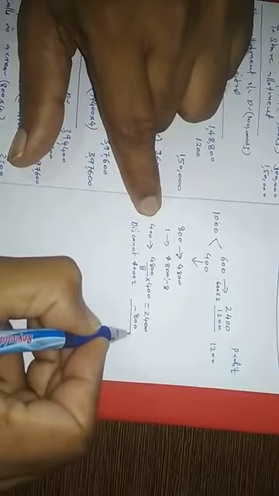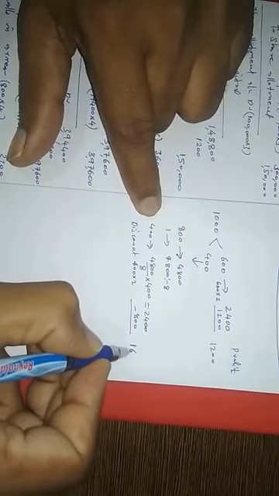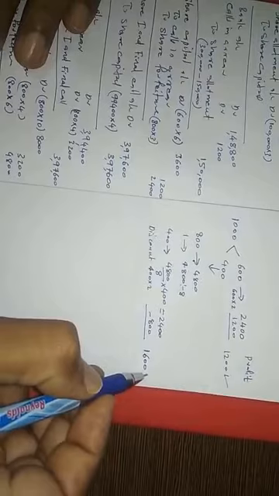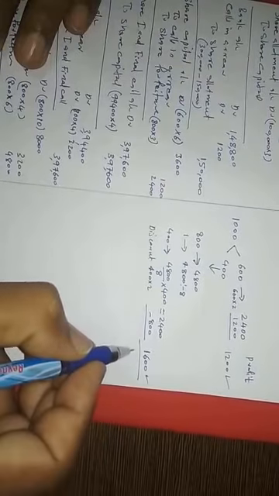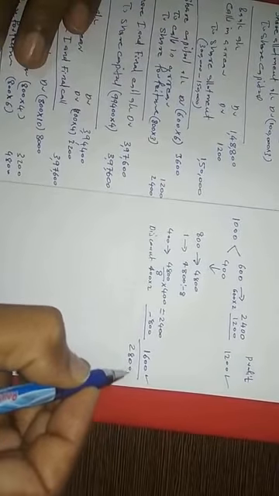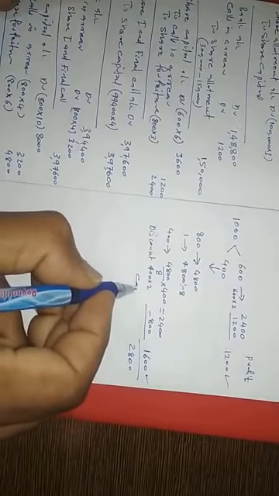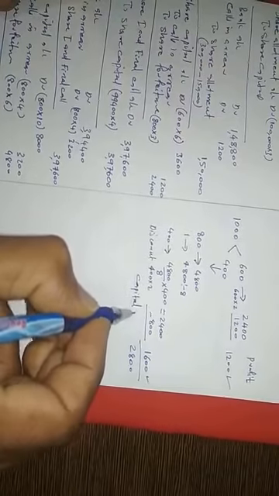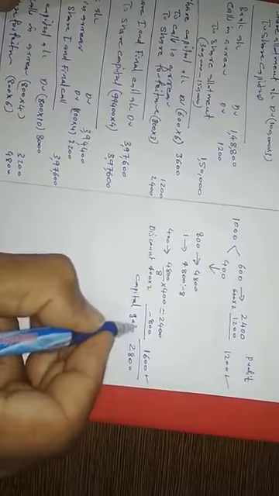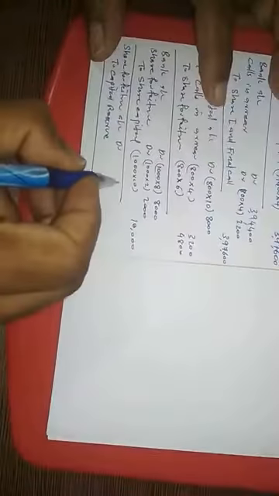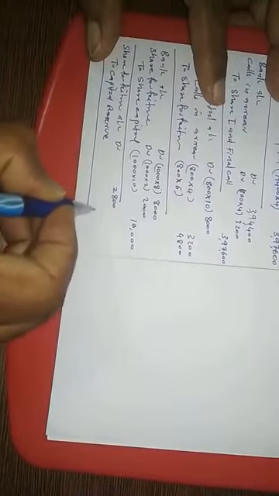Subtracting this, it comes to 1600. So here we got 1200 and here we got 1600. The total is 2800. 2800 will be the capital gain, and this amount we can replace here, 2800.